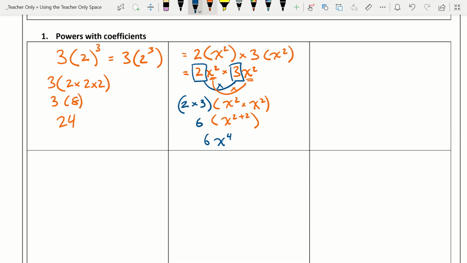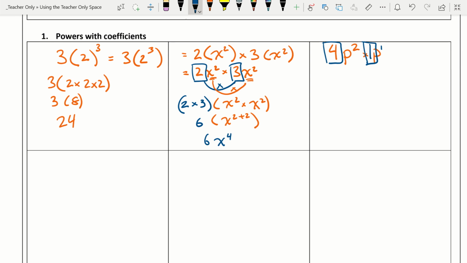Now, another one. 4p squared times 1p raised to the 1. So here is an example where you might see it just like this: 4p squared times p. For our sake, let's add a 1 and a 1. So by default, we always assume there's a coefficient of 1 in front of the p, and we always assume there's a 1 in the exponent. So we can use that now.